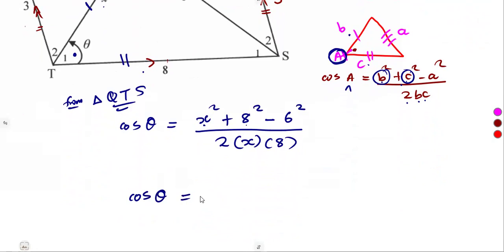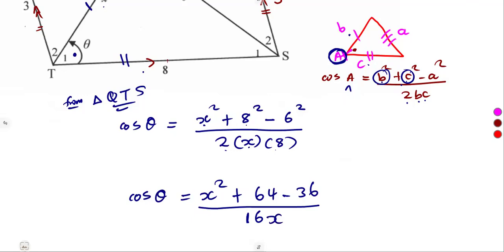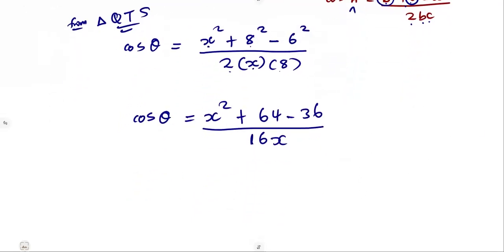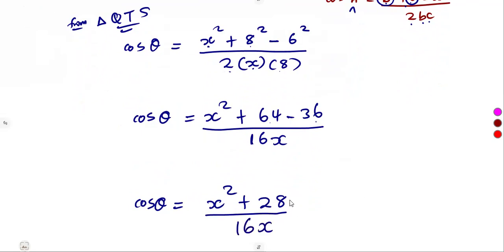Cos of theta is equal to x squared plus 8 squared, which is 64, minus 36, everything over 2 times 8, which is 16x. So simplifying, we have cos of theta equal to x squared plus 64 minus 36, which gives us 28, everything over 16x.